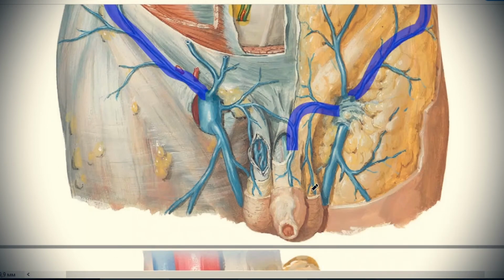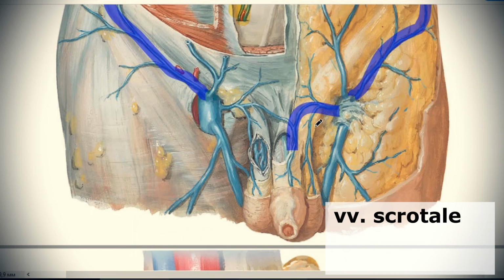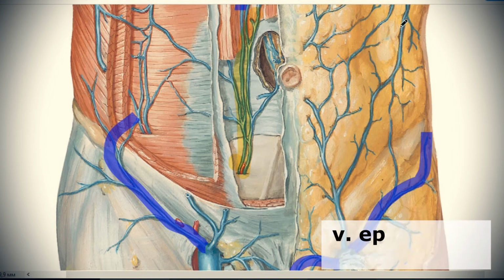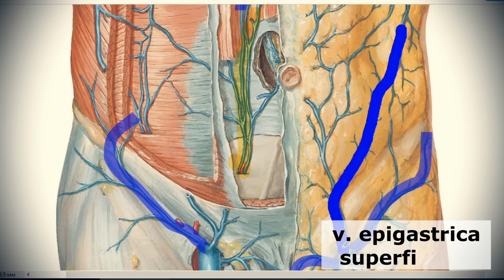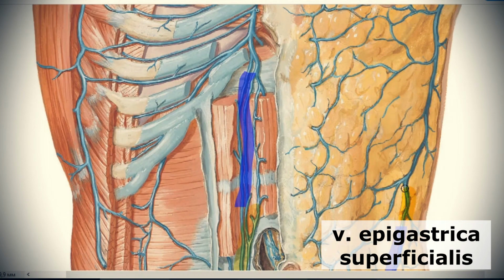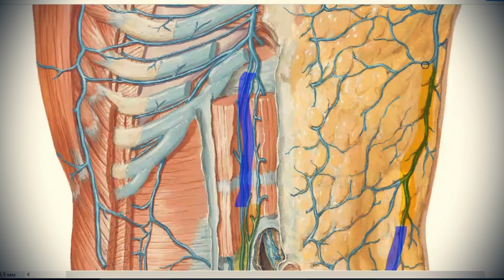The main ones are scrotalis anterioris or labialis anteriors in male and female, and epigastrica superficialis vein. Vena epigastrica superficialis makes anastomosis with the thoracoepigastric vein. I told you in the previous topic it's a tributary of the axillary vein.